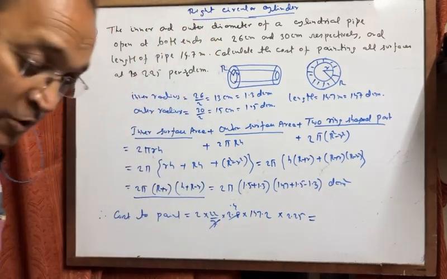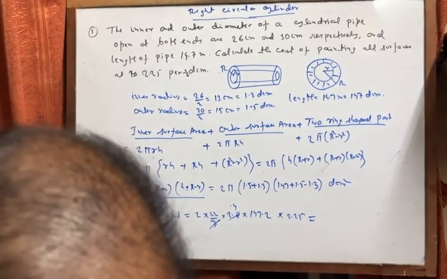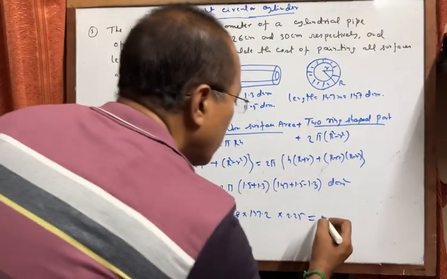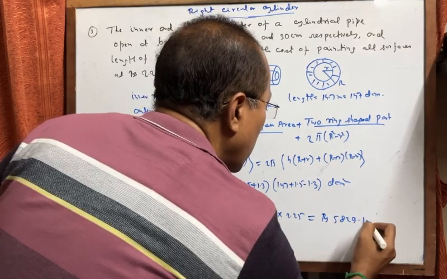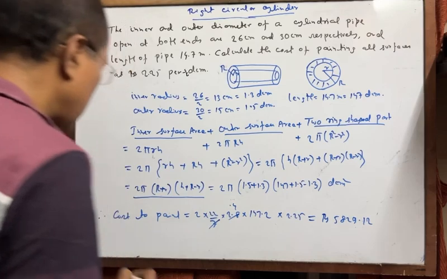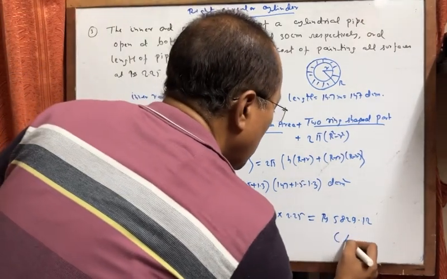Ultimately, it will come to rupees 5829.12. Okay, this will be our answer.